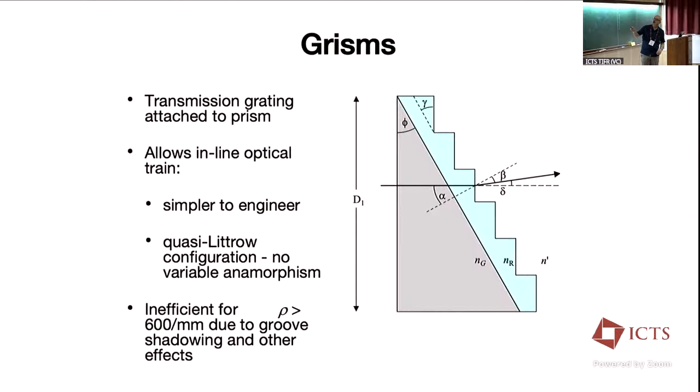Because if I had only the grating here like that, then the deviation angle would be like that. So the beam would be deviated on average. And in some spectrometers, you want to avoid that. So you glue a prism in front to ensure that the beam goes straight.